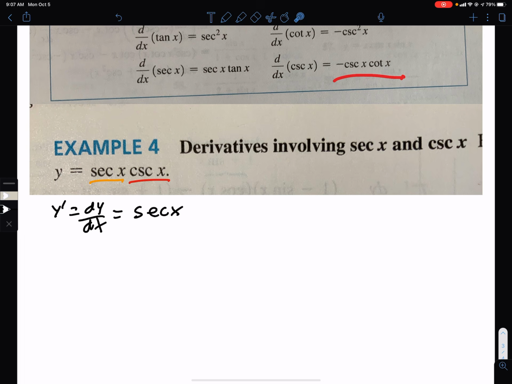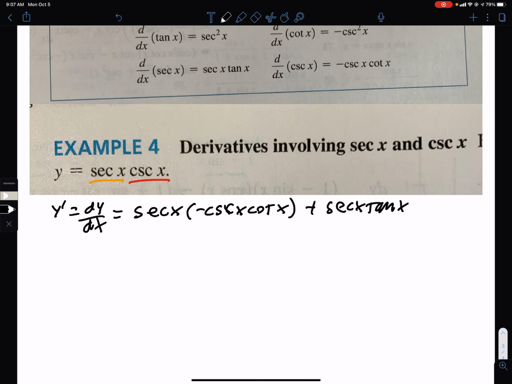It's minus cosecant cotangent, but in parentheses, because I'm multiplying: minus cosecant x cotangent x, plus, and now we take the derivative of the first one, but we have that. So it's secant tangent. And you leave the second one alone, so you have a cosecant x.